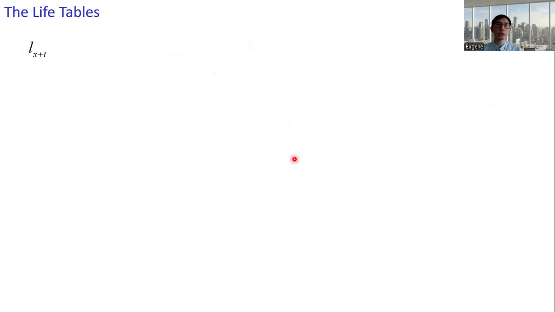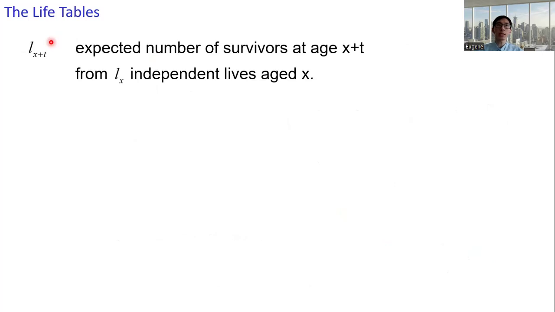All right, let's get back to the notation Lx plus T. This is the expected number of survivors at age x plus T from Lx independent lives at age x.